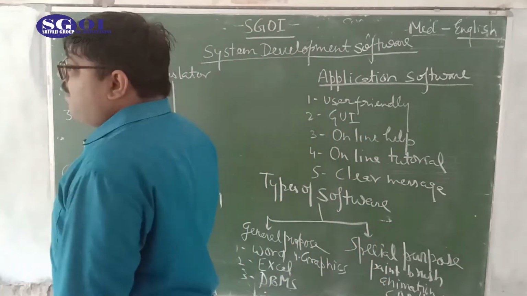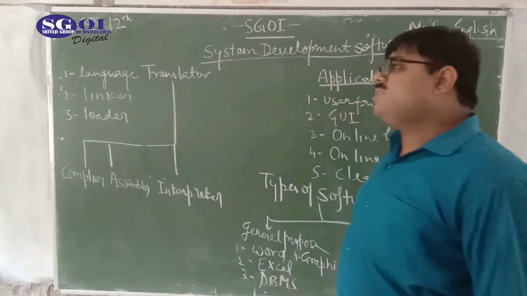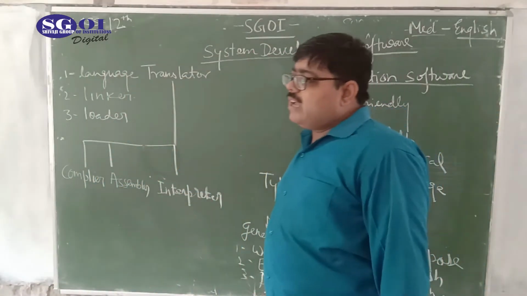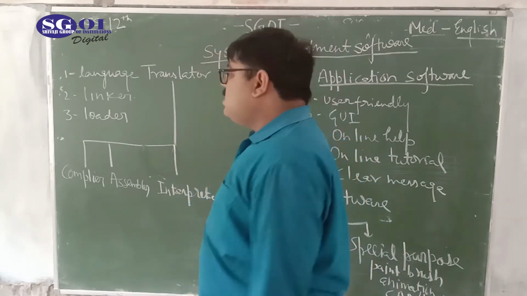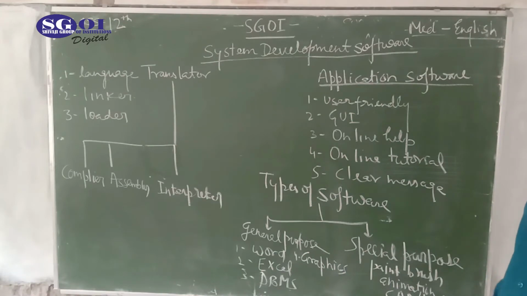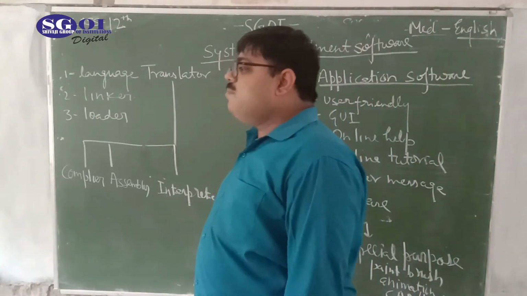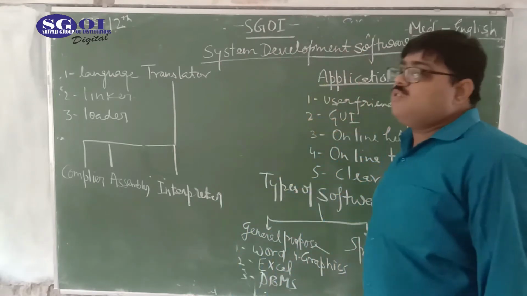You know, our computer works on binary digits, on 0 and 1, and the computer uses machine codes. So the computer uses machine level instructions, but machine level instructions and machine programming are very difficult to understand.